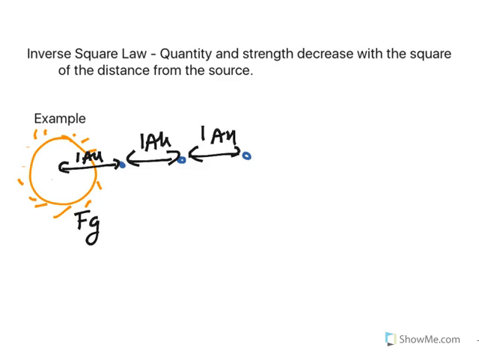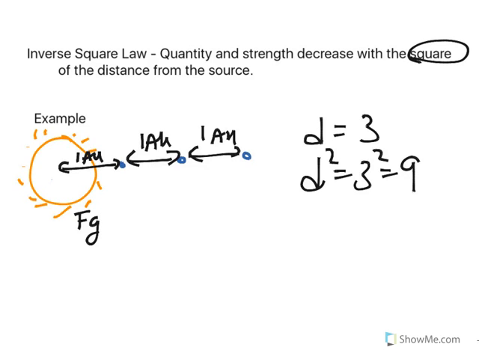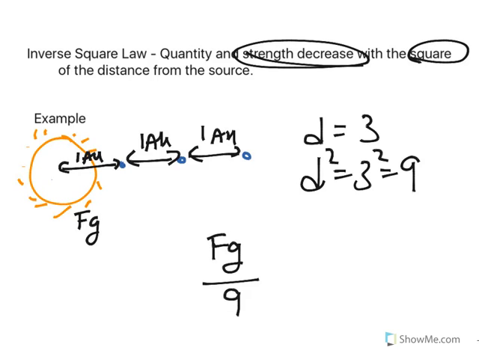So we went from 1 AU to 3 AU, or we tripled our distance. So d is now equal to 3 because we tripled our distance. Since the inverse square law tells us the square of the distance, we're looking for the distance squared, which is 3 squared, or 9. And since the strength will decrease, we know the force of gravity is now decreased by a factor of 9.